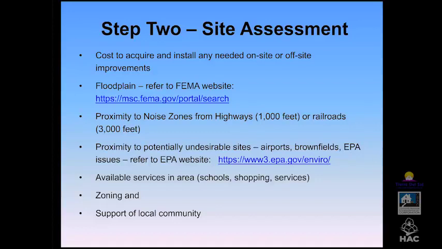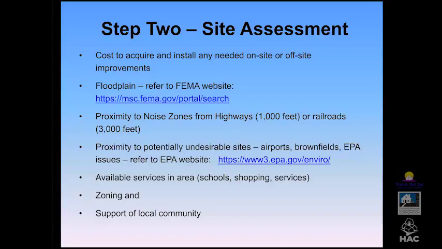And there are some links here that you can use. Also, I would encourage you to use your TA providers because we're very familiar with these and can help you do your site assessment. And then also USDA doesn't want projects that are plopped out in the middle of a field or something with no support services around.